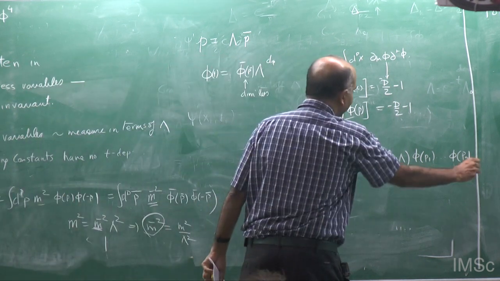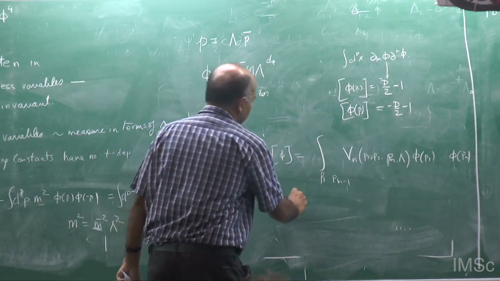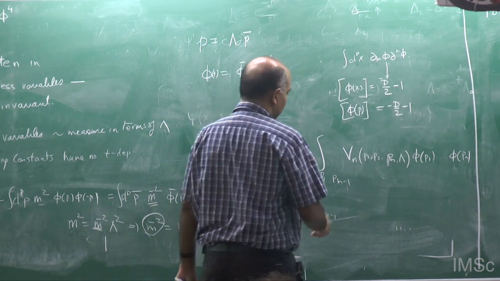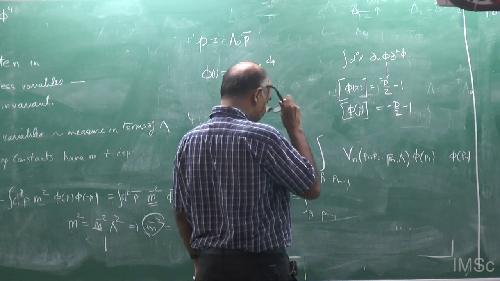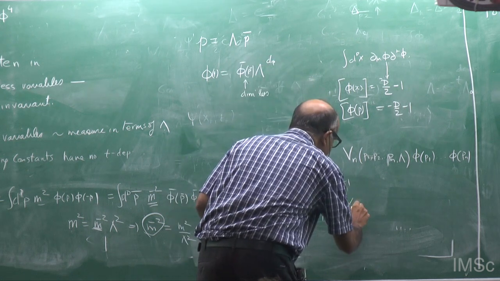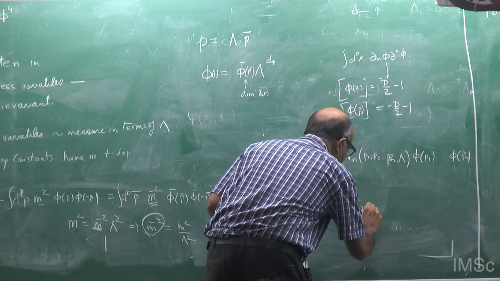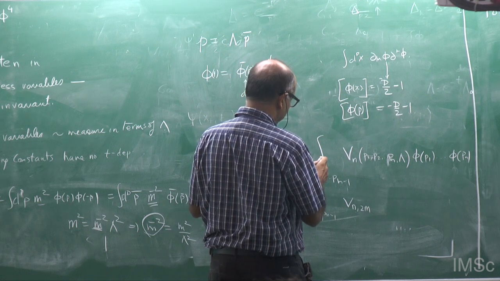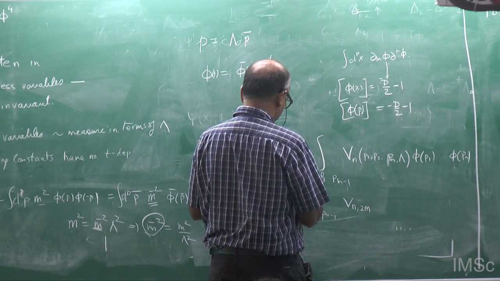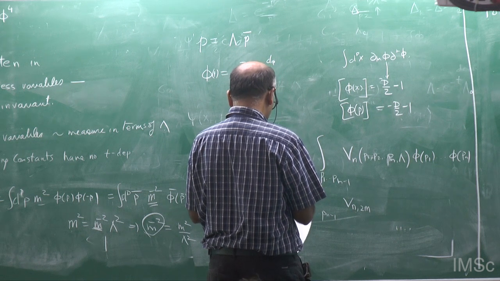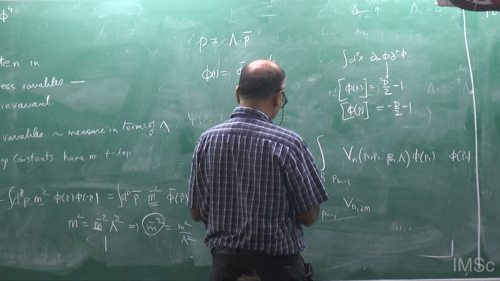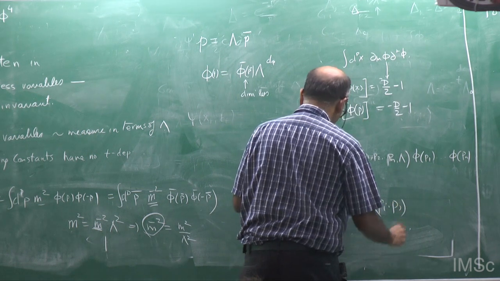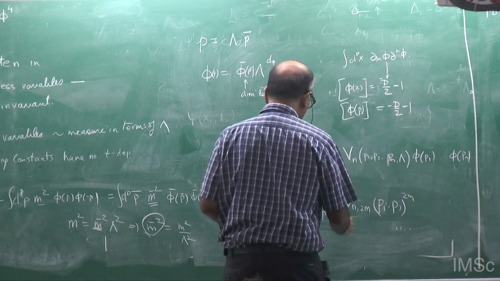So this is the general form of your coupling. So this you can write as P1 to Pn minus 1. Let me take out the powers of momenta. Let me write it generically as n to m times some products of momenta. So sum over m.